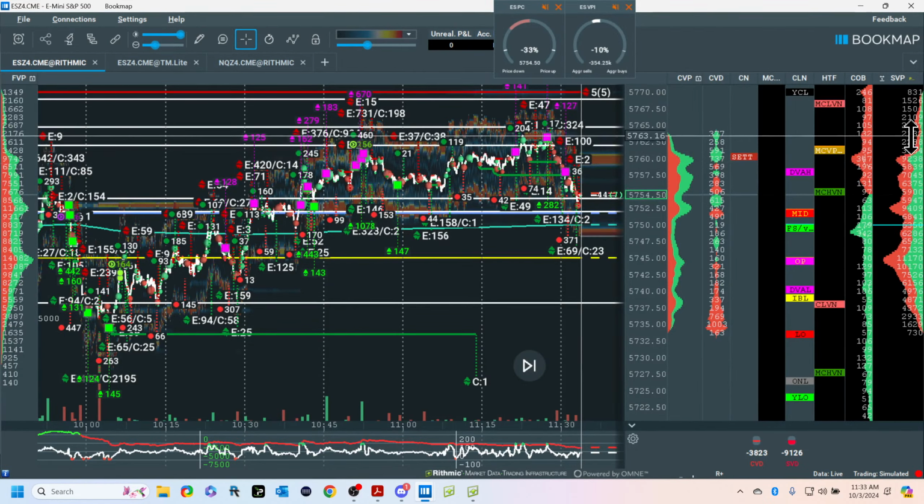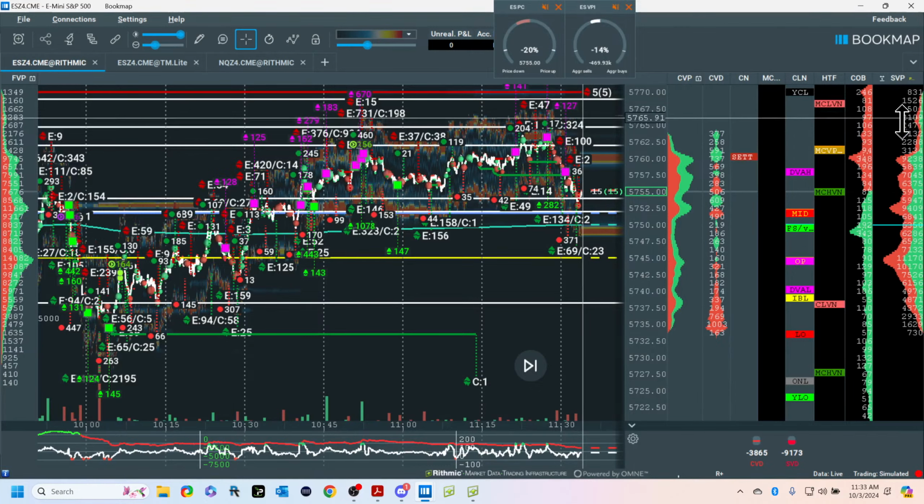This is the outside, and that's called a low volume node. And what's resistance? This. So when I look at the profile, and this is why I trade with the profile, I don't use any indicators, this is resistance because it was too high. That's how the auction works. It's going too high, too low, too high, too low. Consolidation, high volume, retail.